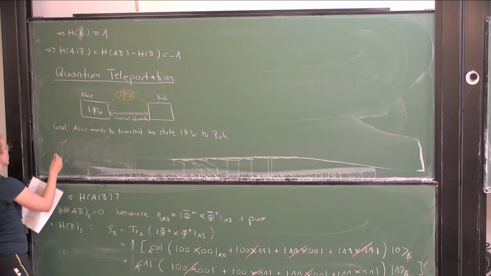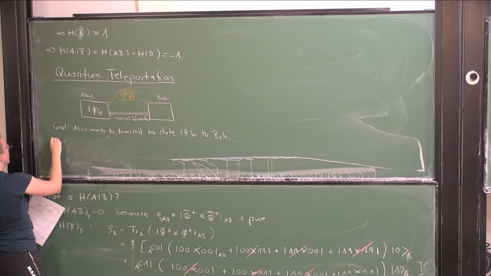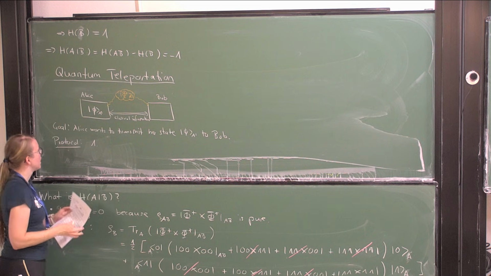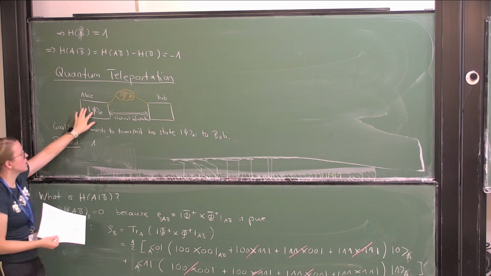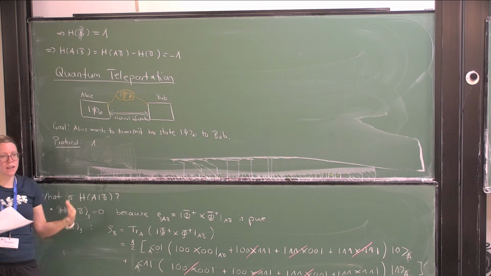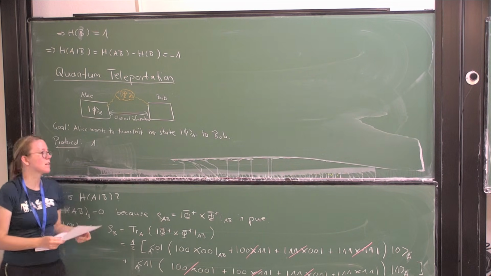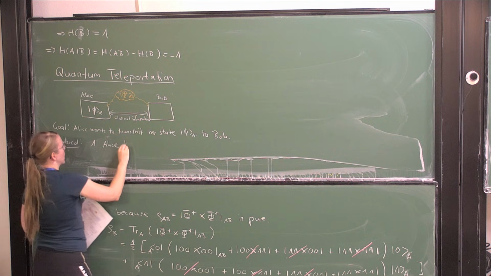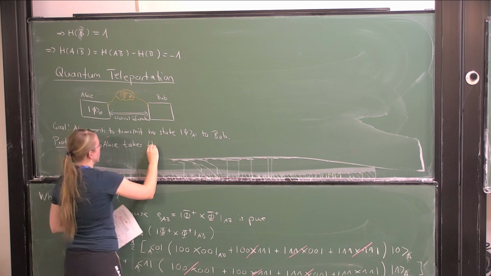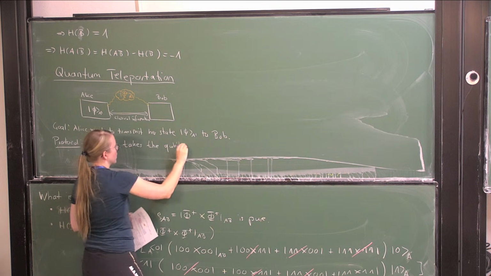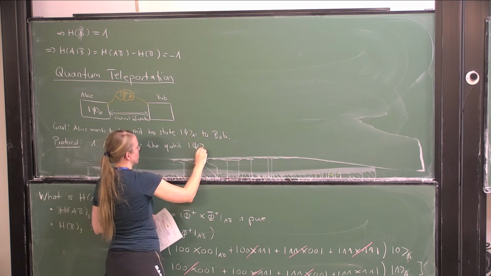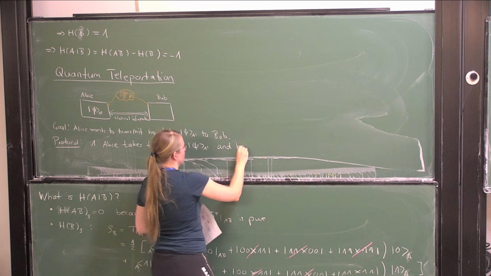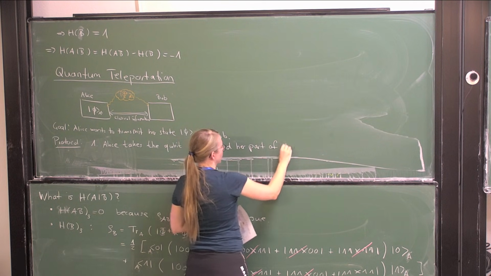And so what I claim they should do, first, is that Alice takes the state that she would like to send and her part of this shared entangled state, and she does a Bell measurement, so a measurement in the Bell basis on the two states.